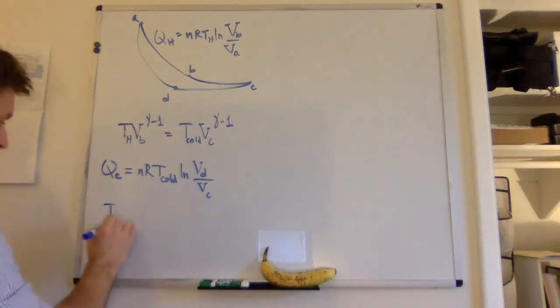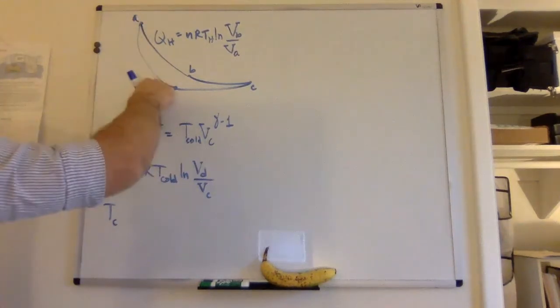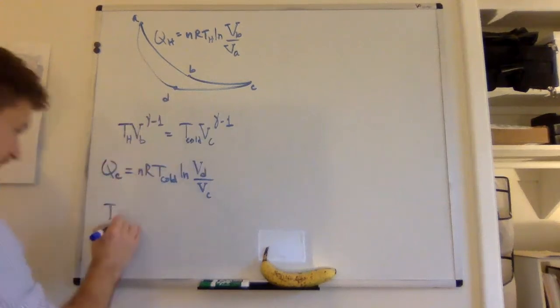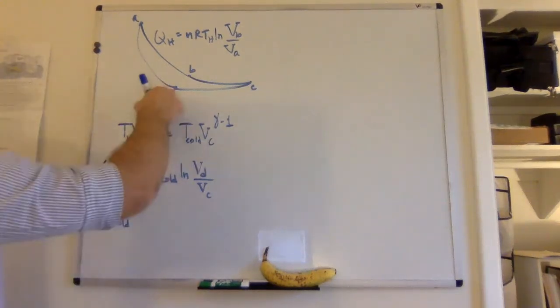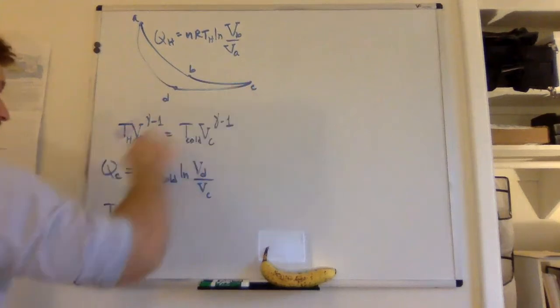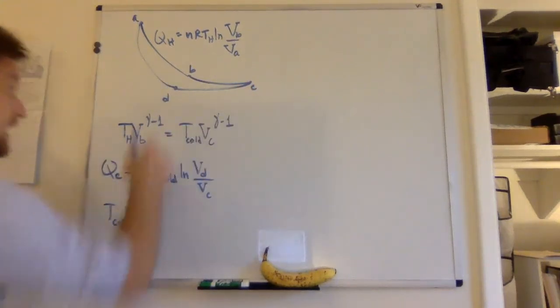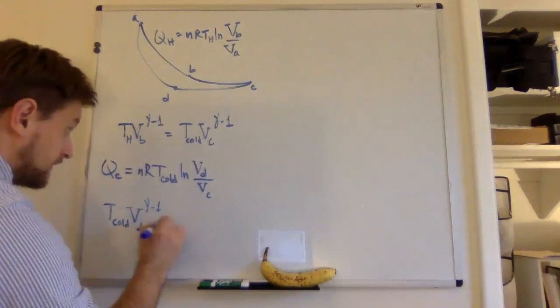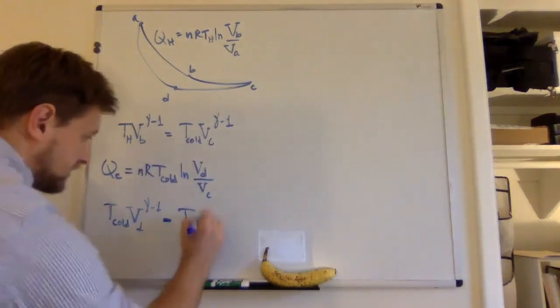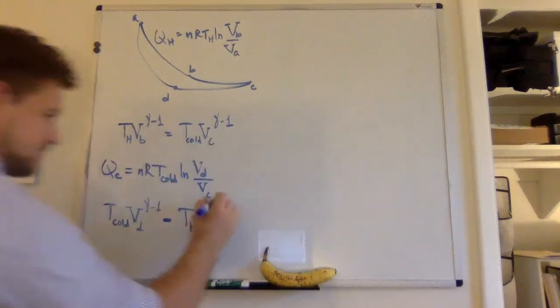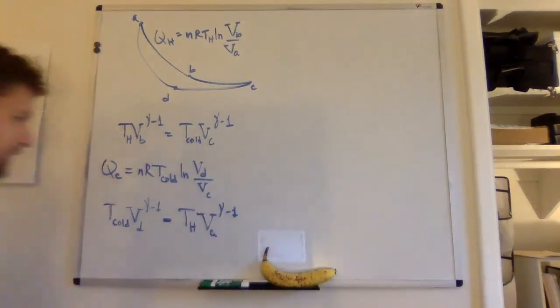T cold, the temperature that we have at point D, because we just did this isothermal thing here. The volume at point D raised to the gamma minus 1 equals TH, the volume at point A raised to the gamma minus 1.